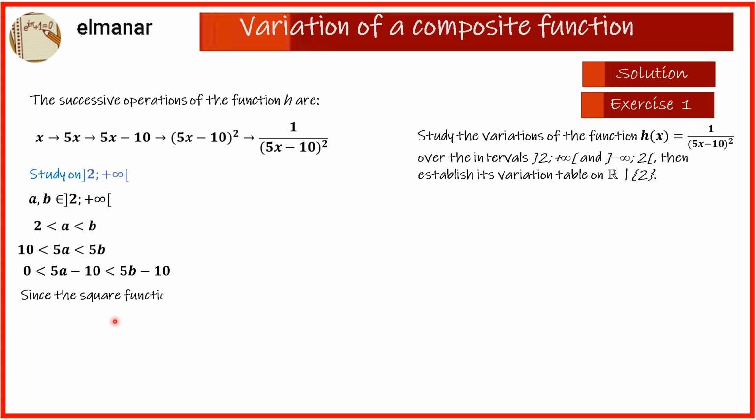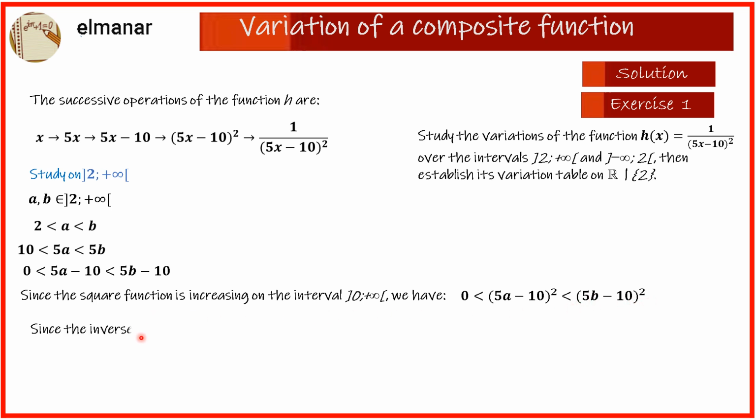Raising this new expression to the power of 2 is an increasing operation, meaning 0 is less than the square of the quantity 5 times a minus 10, which is less than the square of the quantity 5 times b minus 10.